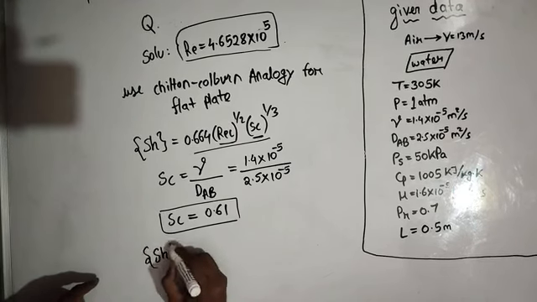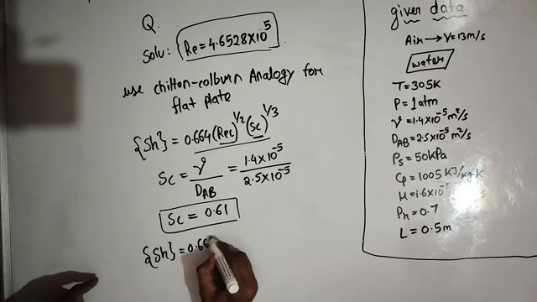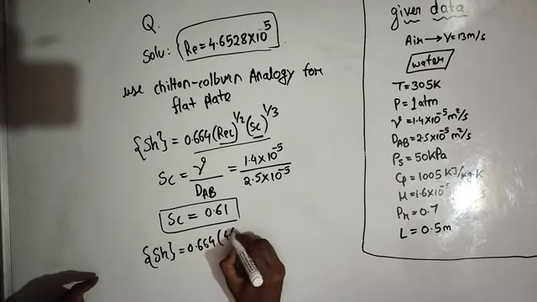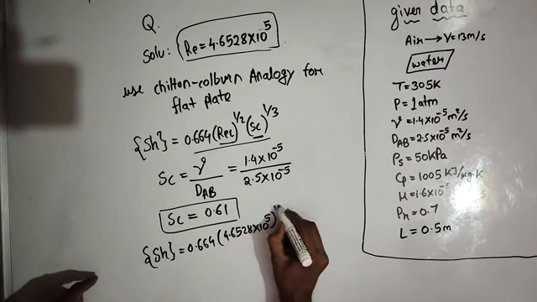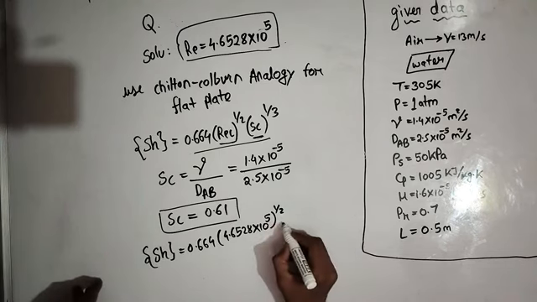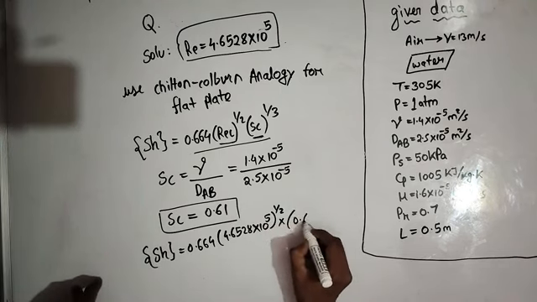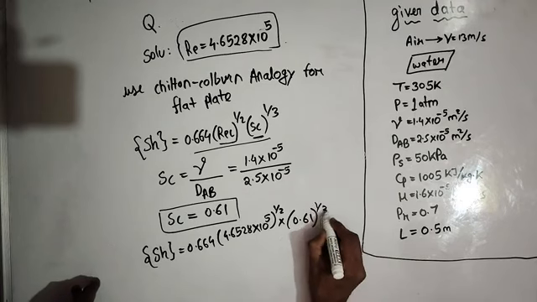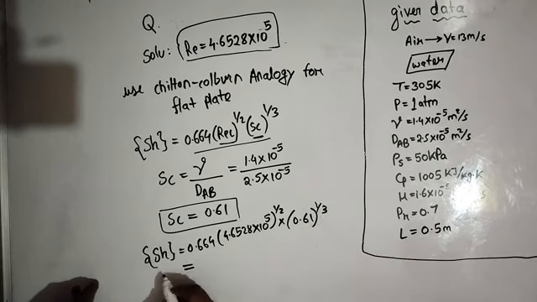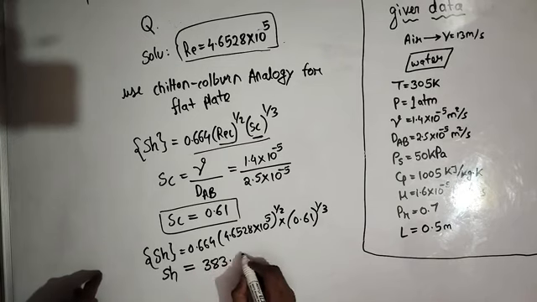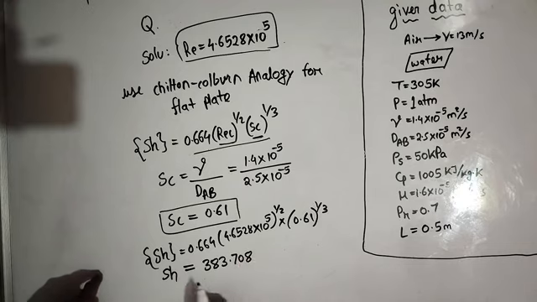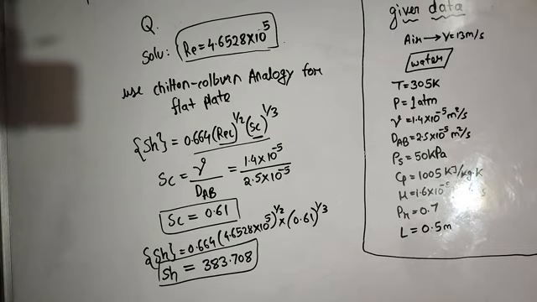Sherwood number equals 0.664 into 4.6528 into 10 to the power 5, to the power 1 by 2, into Prandtl number 0.61 to the power 1 by 3, and we get our Sherwood number from this equation as 383.708. So this is the Sherwood number that we get after solving the Chilton-Colburn analogy.